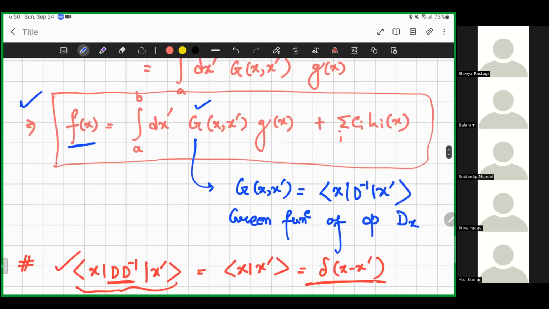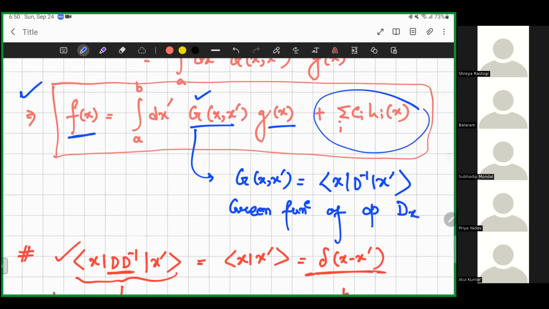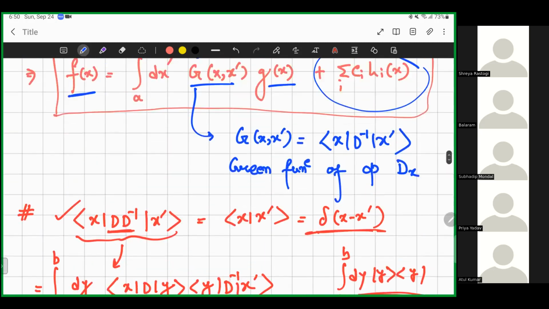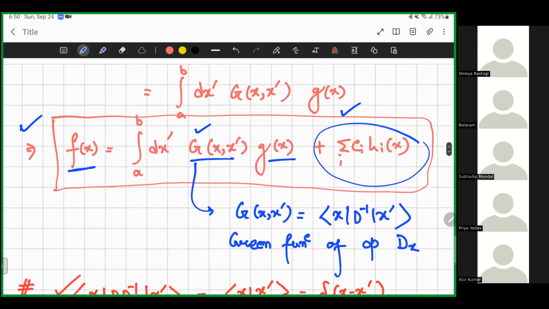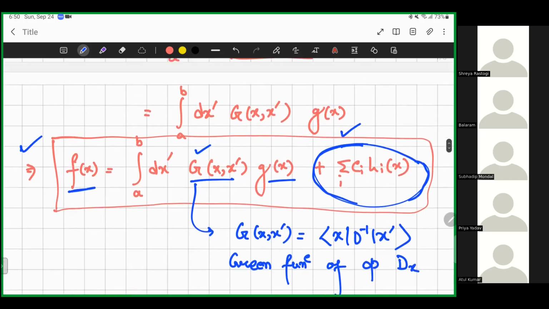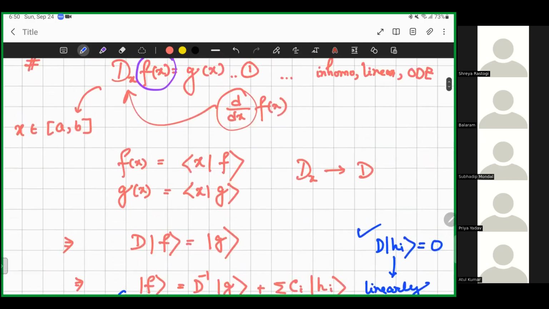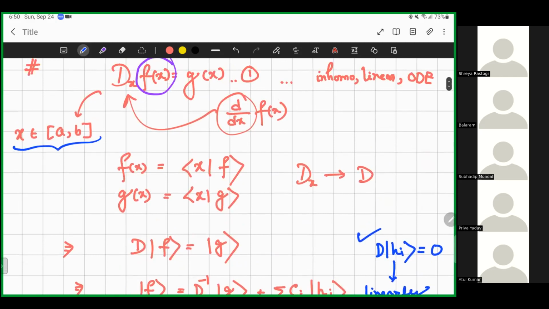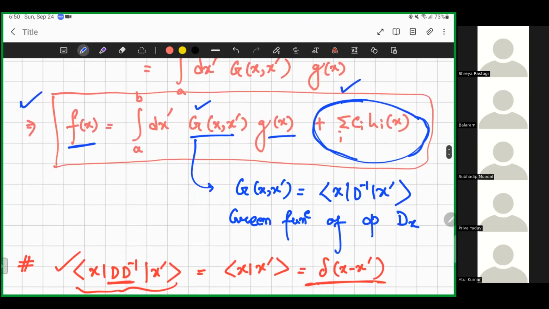So this part is dx' g(x'), and this other part we can neglect here. Why are we neglecting it? We can evaluate this part by using the boundary condition. Always this part is not that important, because just by putting the boundary condition of f(x), because x is varying from a to b, so there will be 2 boundary conditions, f(a) and f(b). By putting these boundary conditions, we can easily evaluate this part.